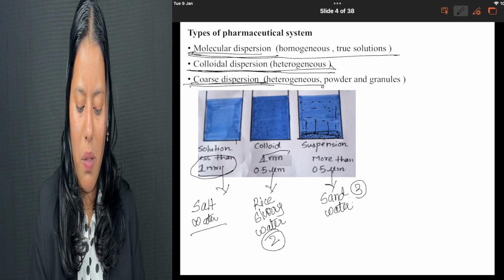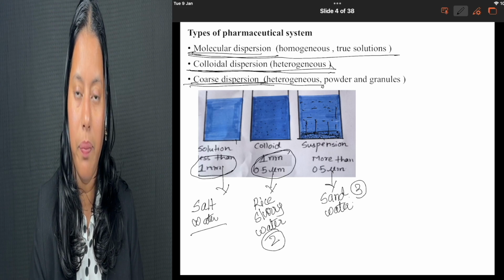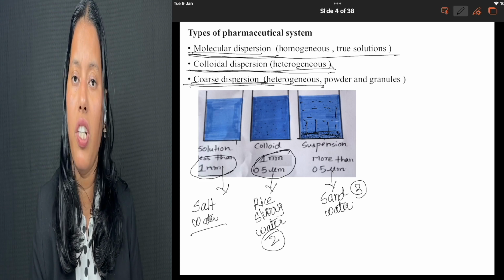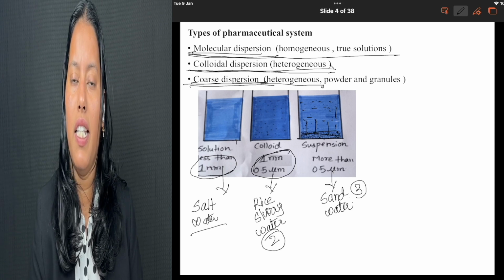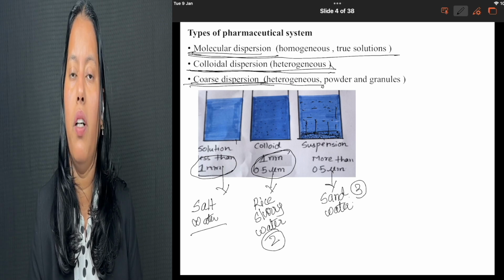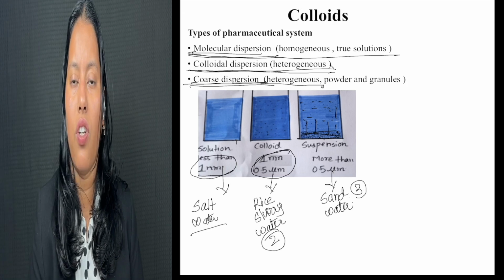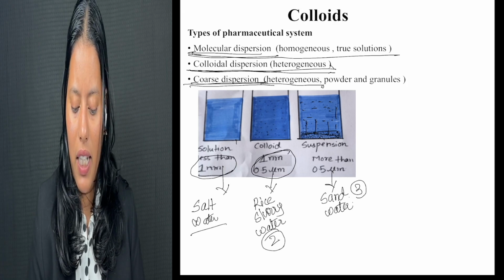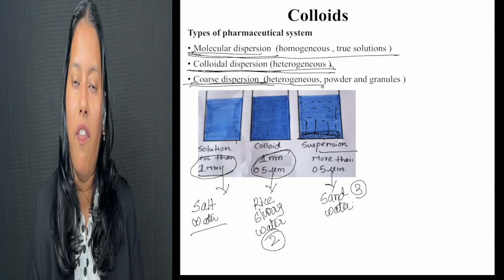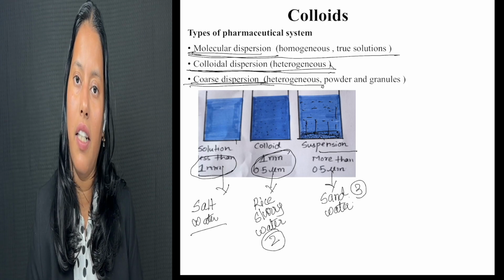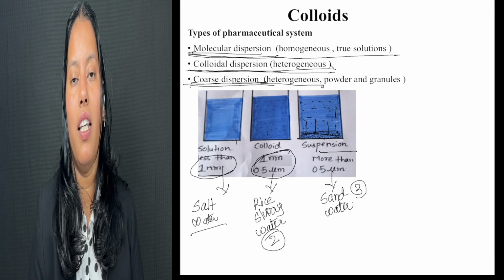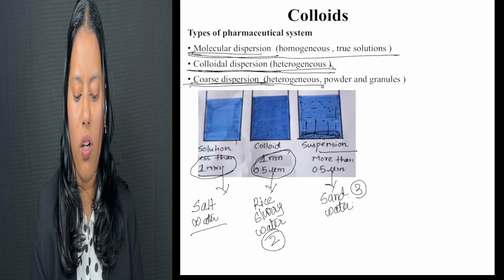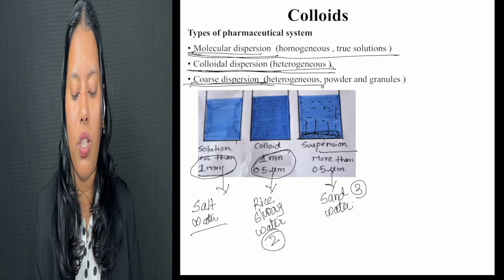Because of this particle size, your system is not very clear or transparent. You can see turbidity, haziness, but it is uniform inside the container. And the third is the suspension, where the particle size is greater than 0.5 micrometer, and you can clearly see with your eyes the system is not homogeneous, it is heterogeneous.